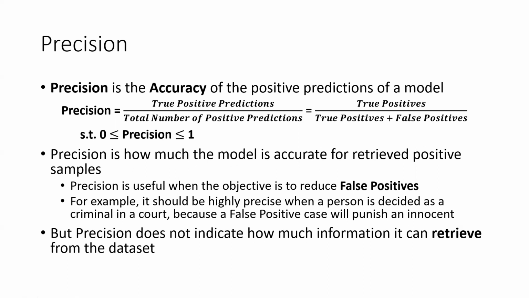But during this process, the amount of information, that means the correct information that you can retrieve from the data set, would get sacrificed, right? For example, when the court is being strict with the evidence against that particular person, if they are not that certain that this person has committed this crime, the court would not give him the death penalty, right?